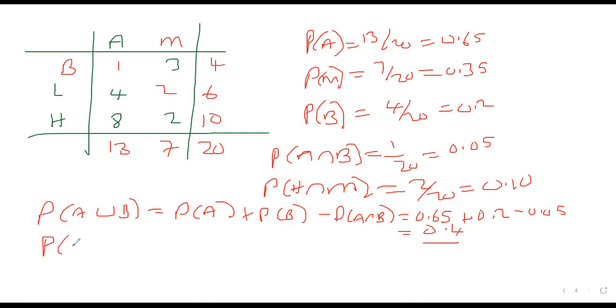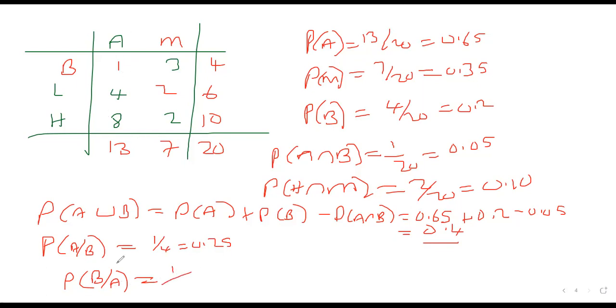If they ask you to find the probability of A given B and the probability of B given A, the word given can come as if or when. You go where they meet, A and B, they meet at 1. But the total for B is 4. So 1 over 4 is 0.25. Suppose they're asking the probability of B given A. You go where they meet, B and A, they meet at 1.